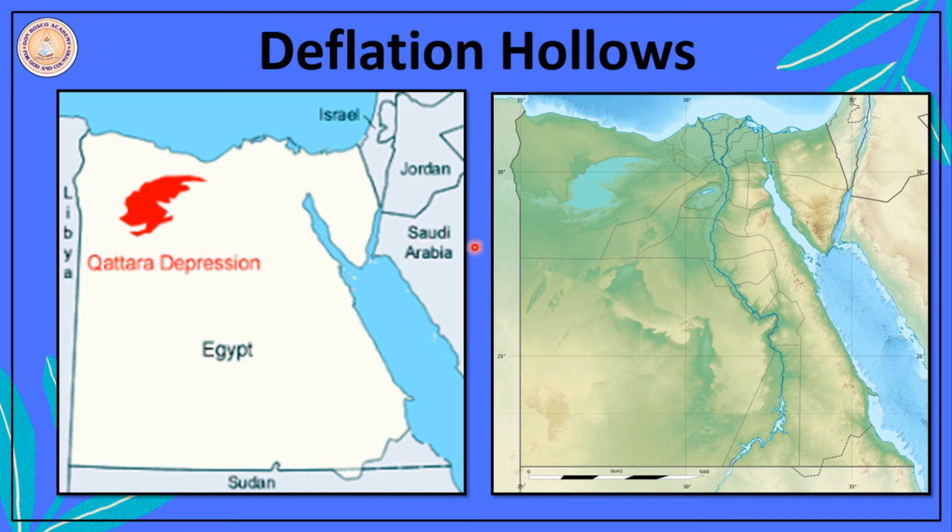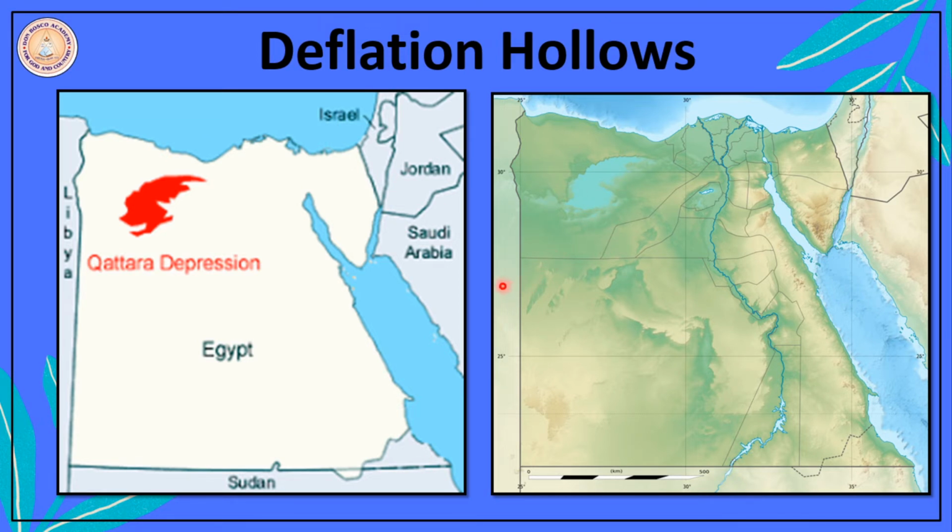Finer dust particles get removed and the bedrock remains. Now, due to deflation, large hollows or depressions are formed, which we call deflation hollows.